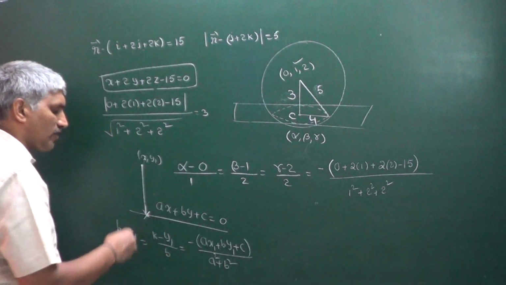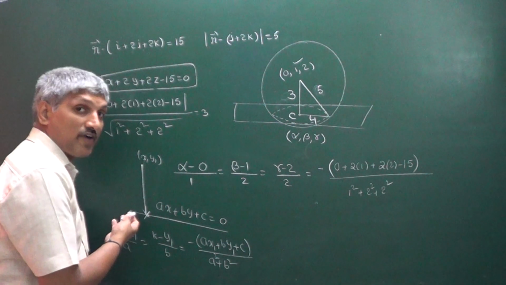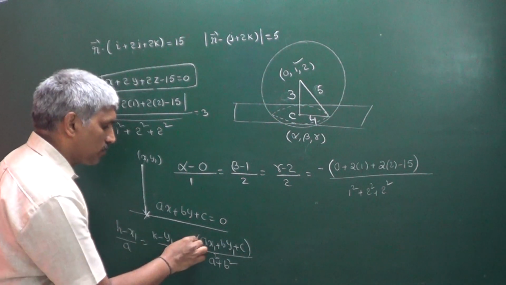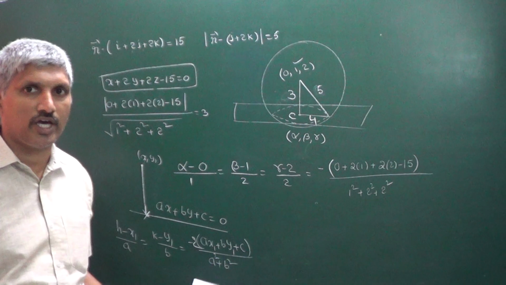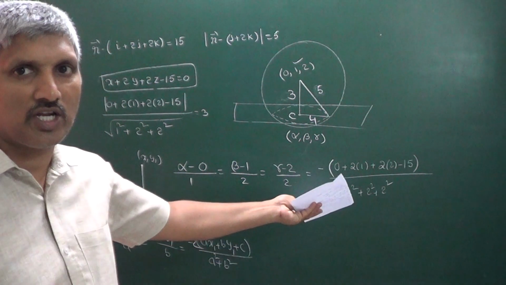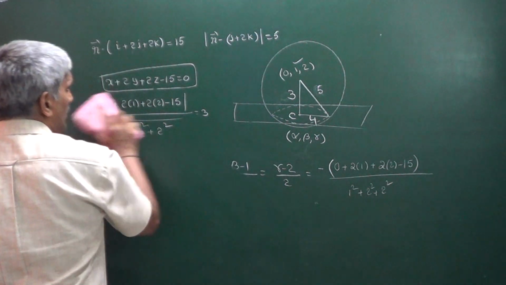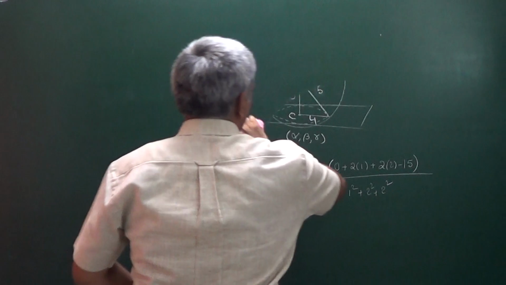That is the formula for finding the foot of the perpendicular on a straight line. For finding the reflection or image, we have to do something extra: if 2 is there, you will get the reflection with respect to a line. The same idea is used here also. So that is the simple discussion regarding a sphere and a circular cross section.